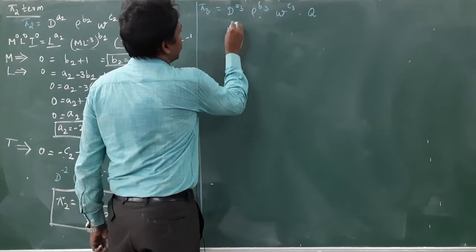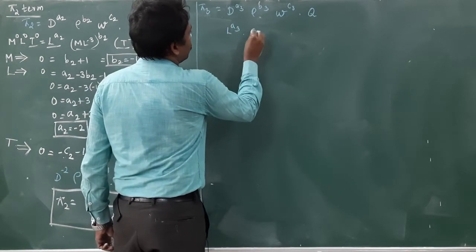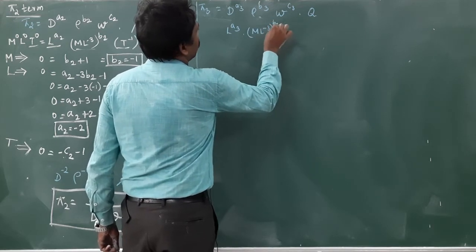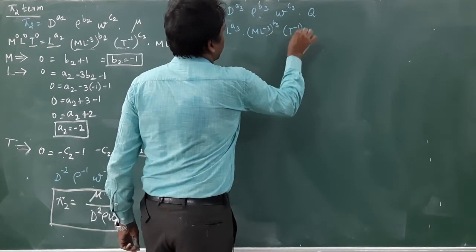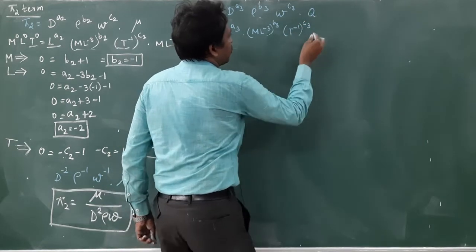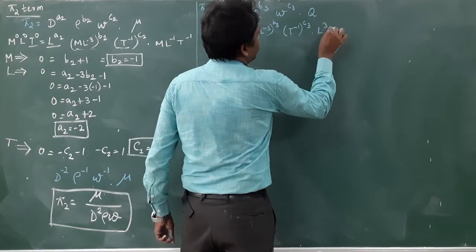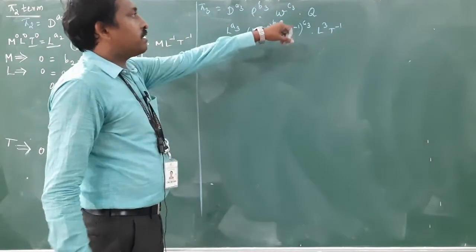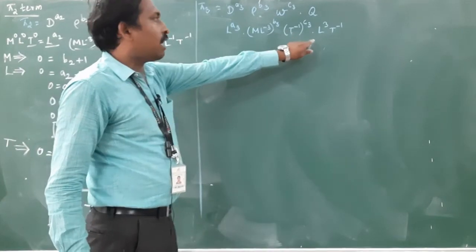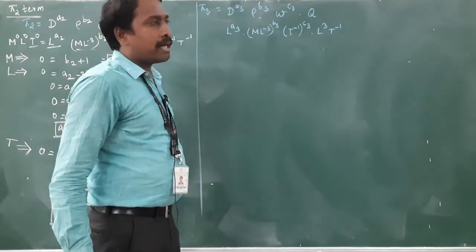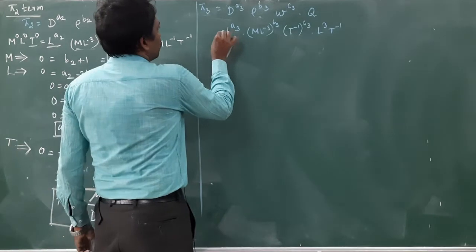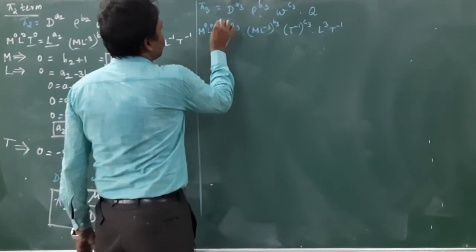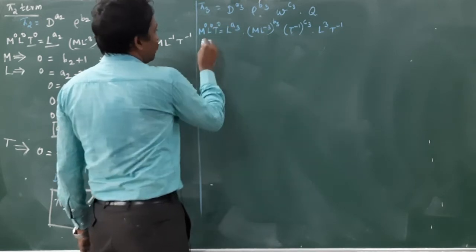D is L power A3, rho is m L power minus 3 to the power of B3, omega is T power minus 1 to the power of C3, and Q is L power 3 T power minus 1. The unit for discharge is meter cube per second: for meters, L, and per second is T power minus 1. Here the value is m power 0, L power 0 and T power 0. Find out the power of m.